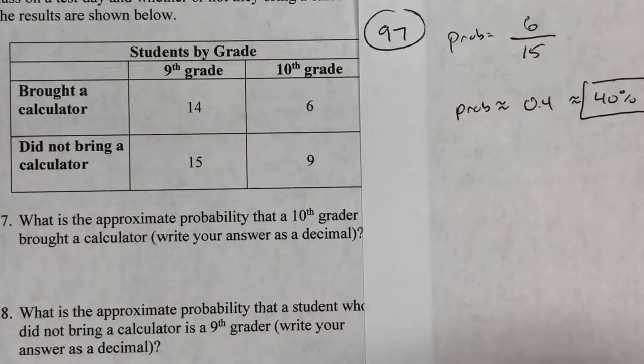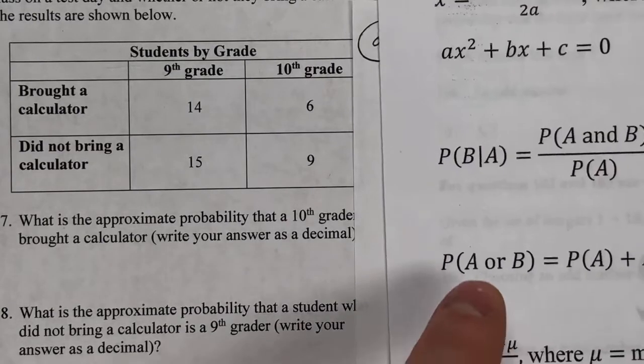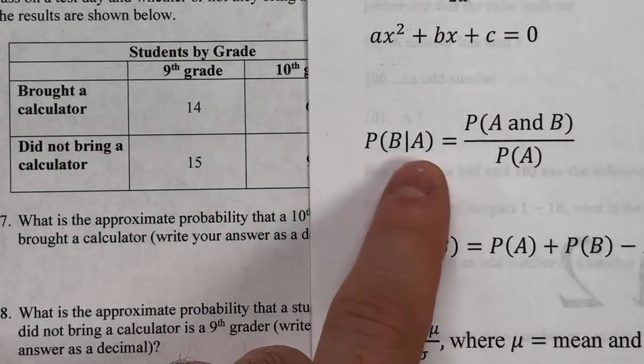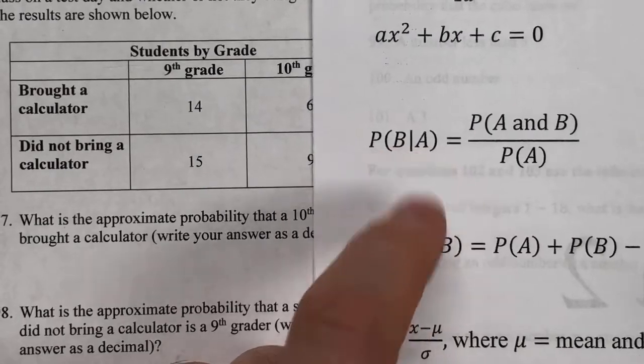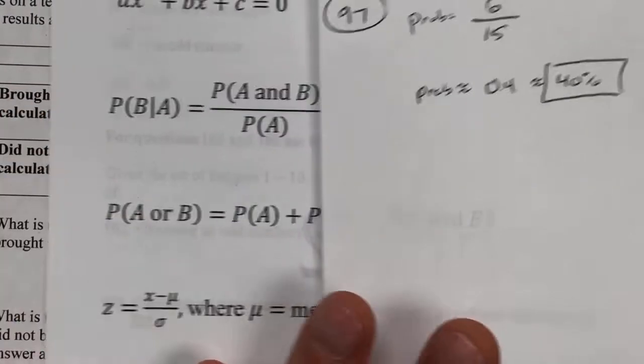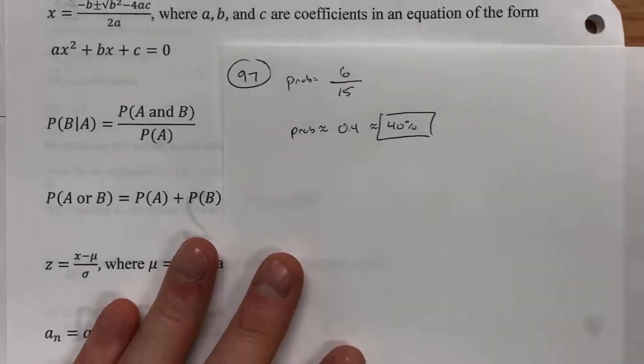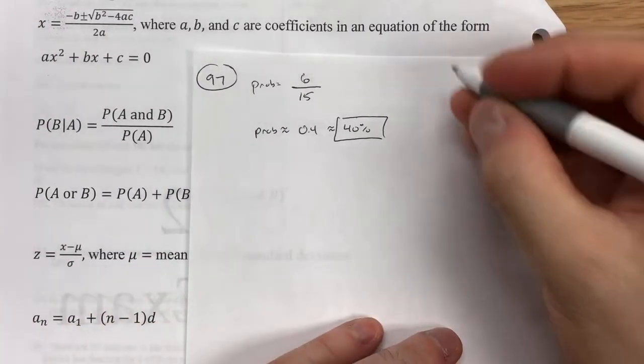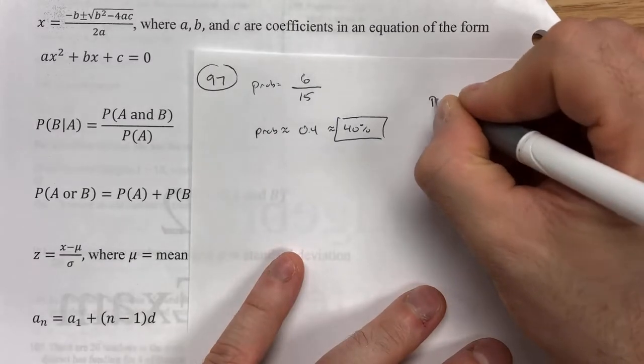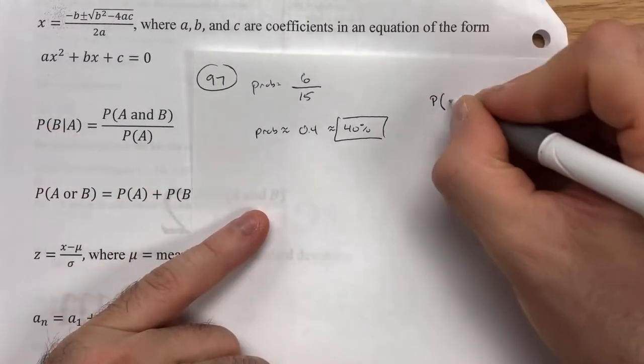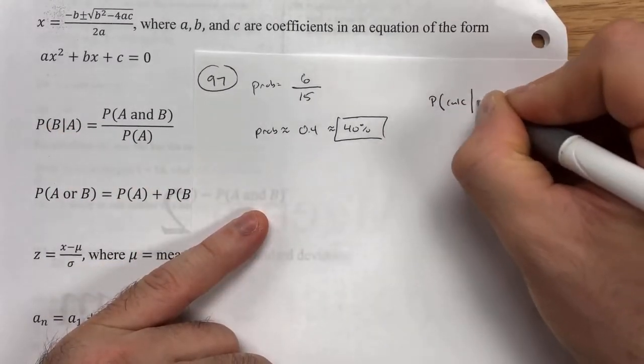Another way you could look at it is you could look at the fact that we do have an equation that is given to us right here. The probability of B given A, I could write it like this, the probability of B given A. And I could figure it out a second time in a second way. So the probability of calculator given that they are a 10th grader.